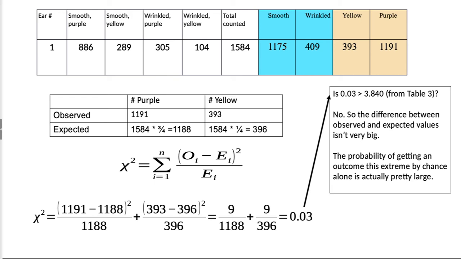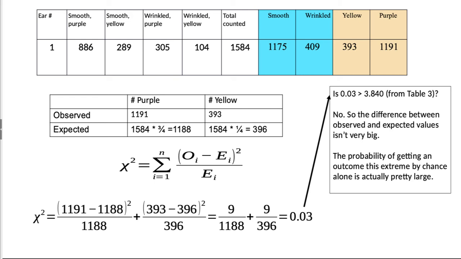To do the test, we're going to have to classify our corn kernels as either being, in this case, purple or yellow. And the question we're going to ask is, the approximate 3-to-1 ratio that we see, is it very different from the actual 3-to-1 ratio?